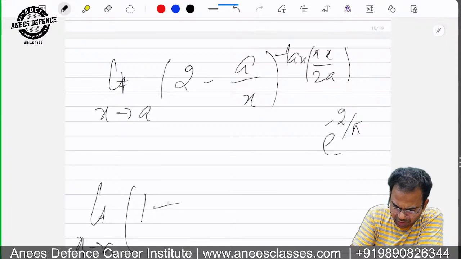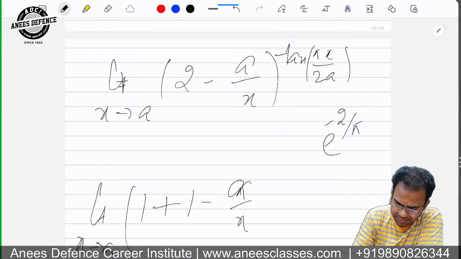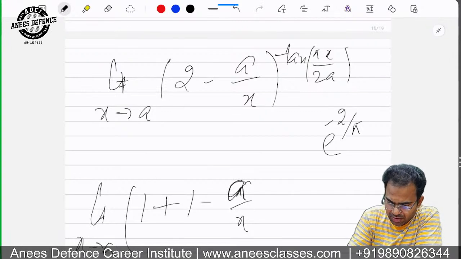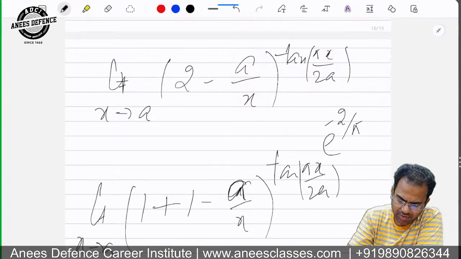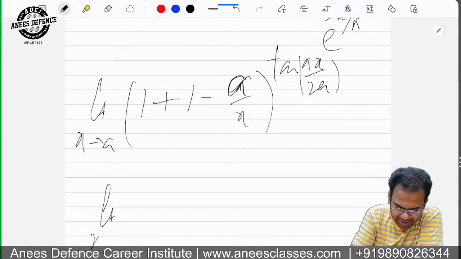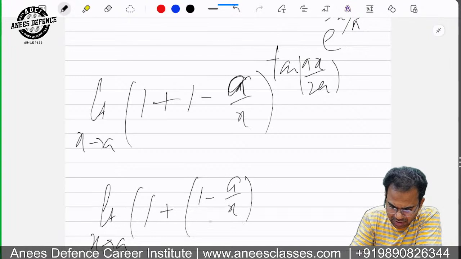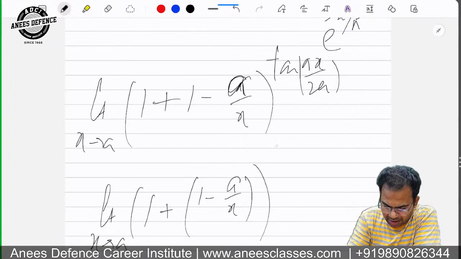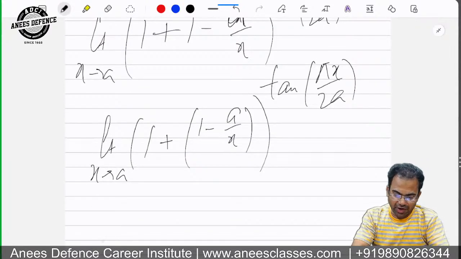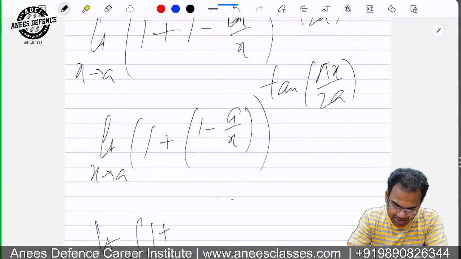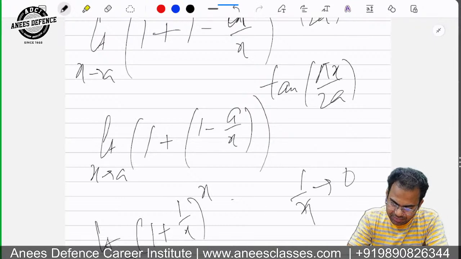So I will write 2 as 1 plus 1 minus a by x, whole to the power tan pi x upon 2a. Limit x tends to a. When you write x tends to infinity, (1 plus 1 upon x) to the power x, it means 1 by x tends to 0.